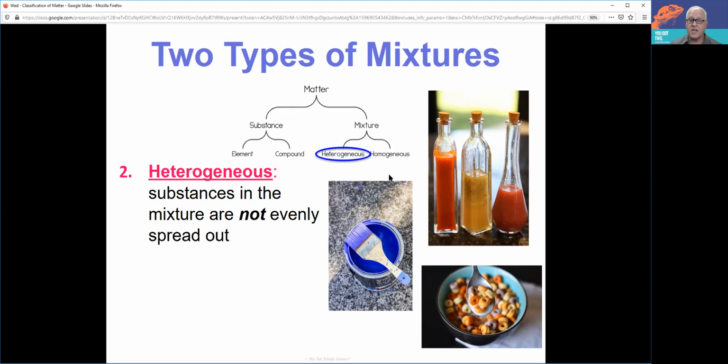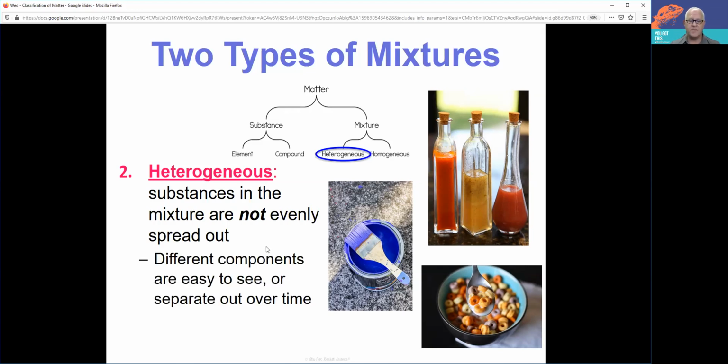So when you make salad dressing, it has a combination of oil and some spices and some vinegar and some water. And that is a heterogeneous mixture because over time it can separate. And these different components are easy to see, and they will separate out over time.